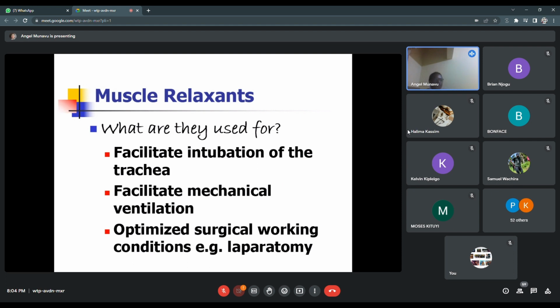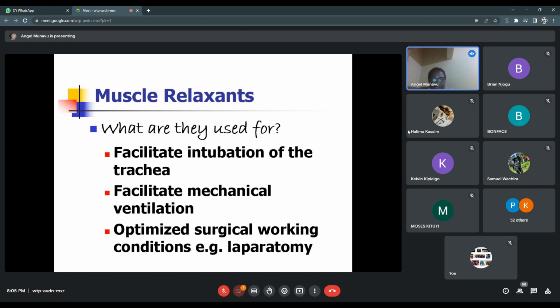Now, because we've understood what happens at the neuromuscular junction in normal circumstances, it's important to understand what happens when we give these drugs that cause depolarizing block and those that cause non-depolarizing block. All these drugs, we call them muscle relaxants. They relax the muscles, they paralyze the muscles. So then what are they used for?